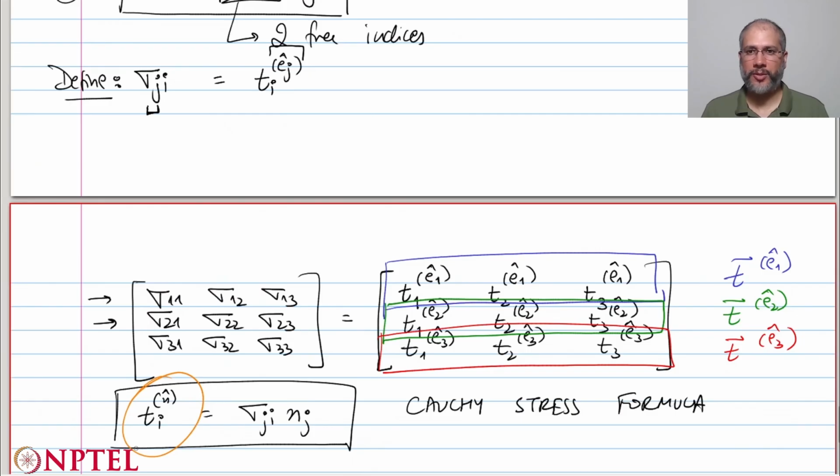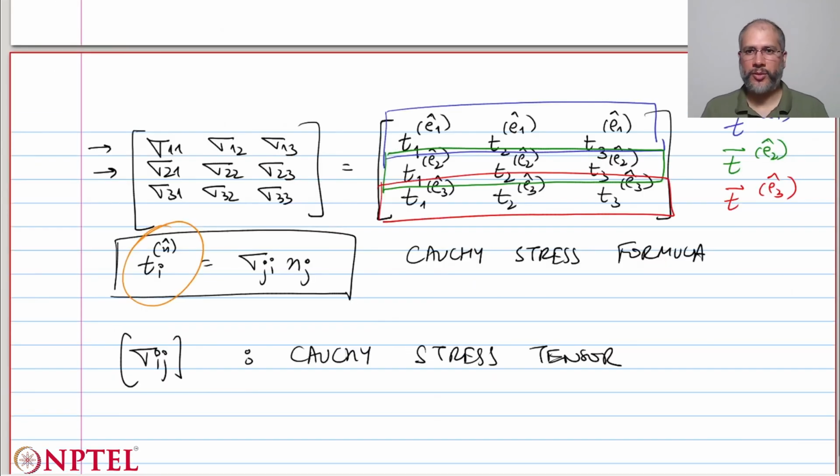So that's a success. In fact, this tensor sigma, which comprises the three traction vectors, is called the Cauchy stress tensor. So the Cauchy stress tensor is nothing but the three traction vectors as the three rows of it on three mutually perpendicular cutting planes.